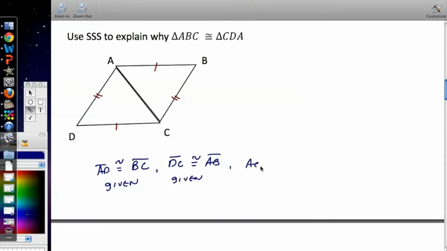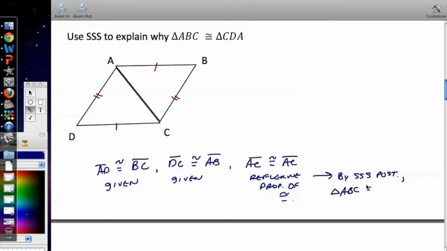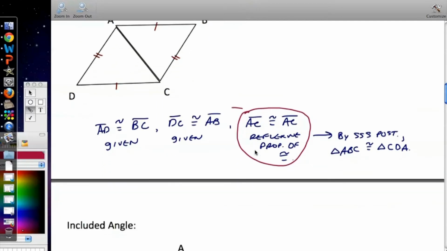And we could say that AC is congruent to AC by the reflexive property of congruence once again. So we make the conclusion that by the side-side-side postulate, triangle ABC is congruent to triangle CDA. Okay? That's as simple as it works. The trick right here comes in this step, knowing that we can say that a side is congruent to itself.